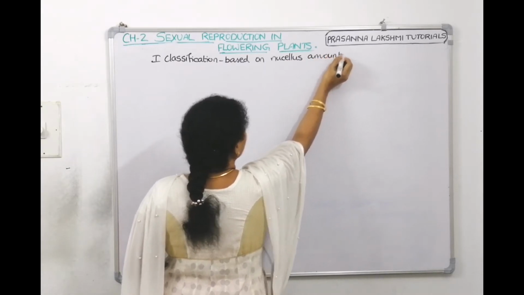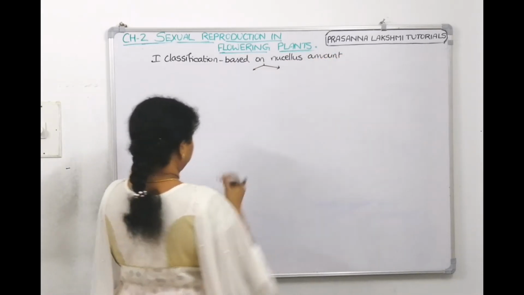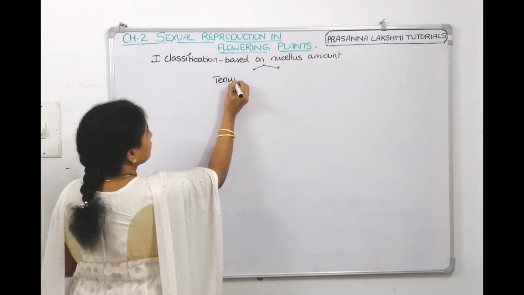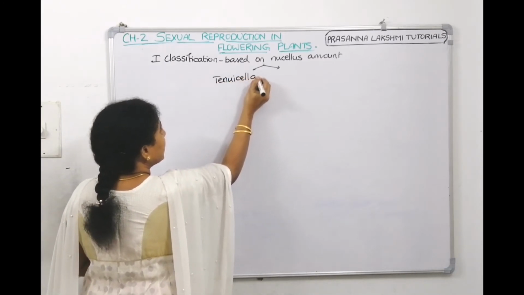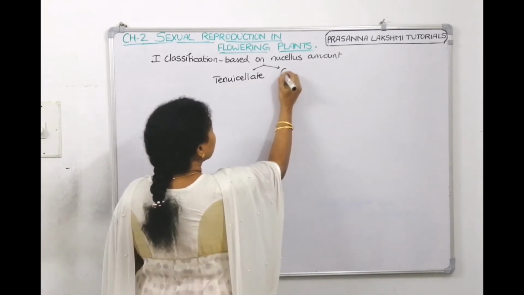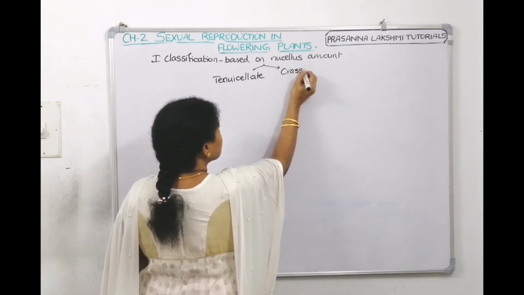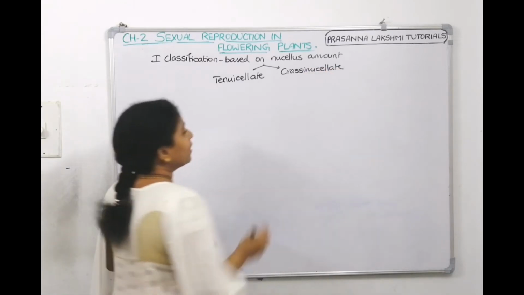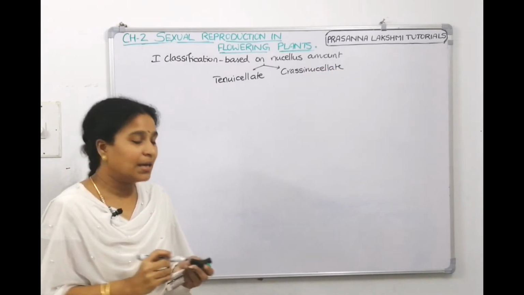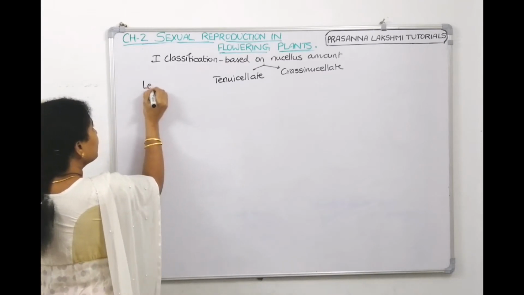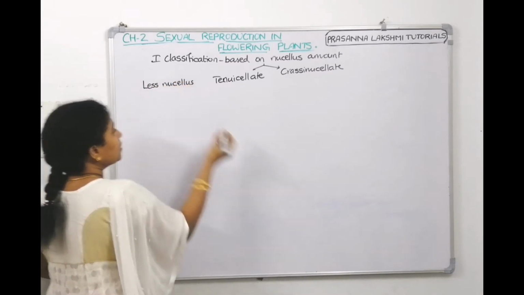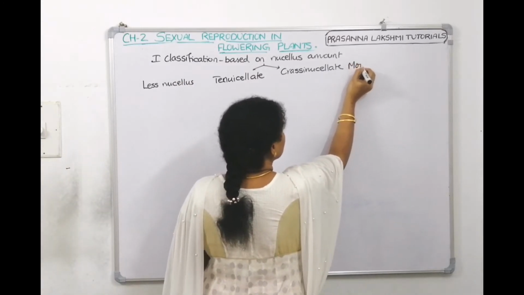The two types are tenuinucellate and crassinucellate. Tenuinucellate means less nucellus, and crassinucellate means more nucellus.